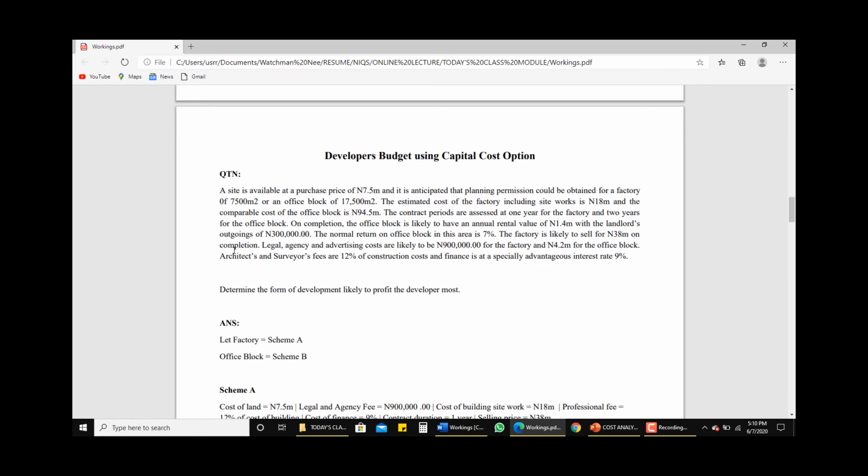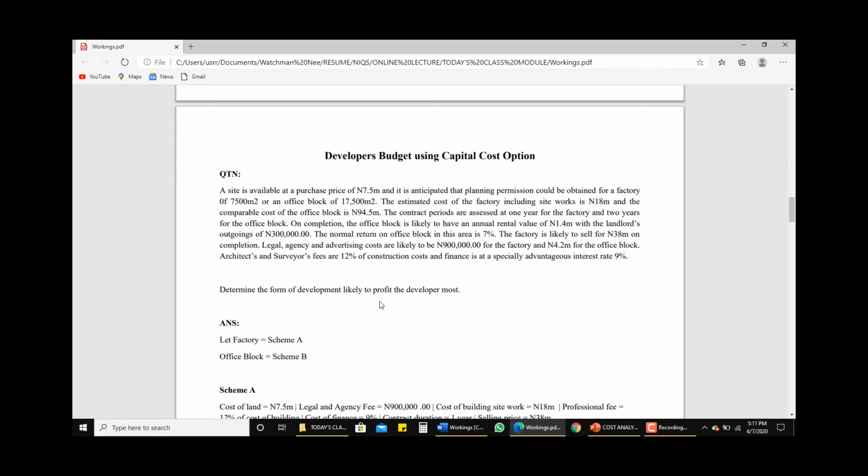Architect and surveyor's fee are 12% of construction costs, and finance is at a specially advantageous interest rate of 9%. So the question here is to determine the form of development likely to profit the developers most.